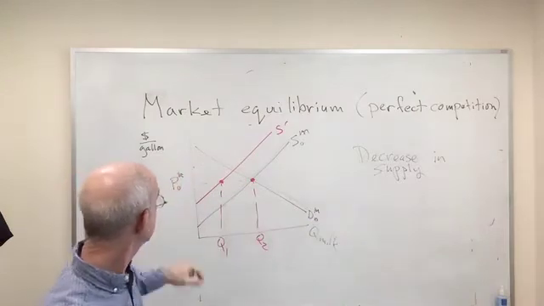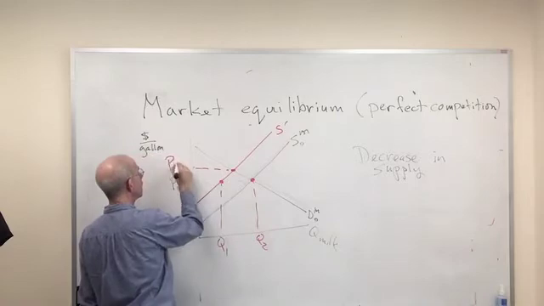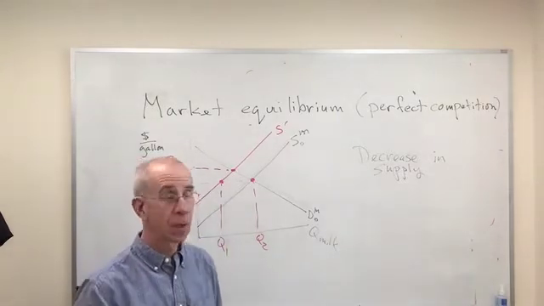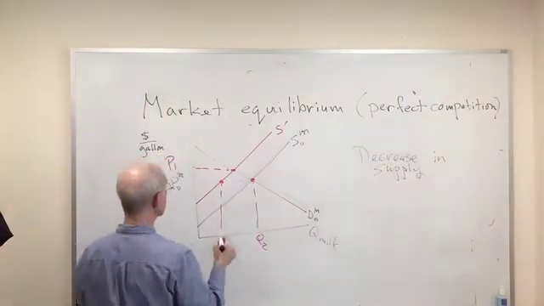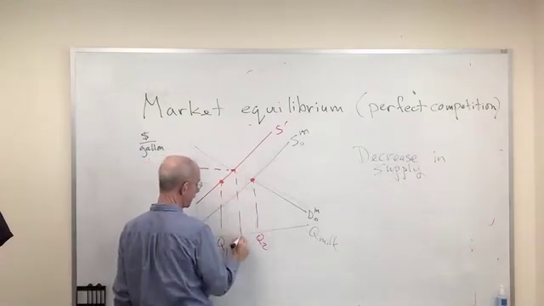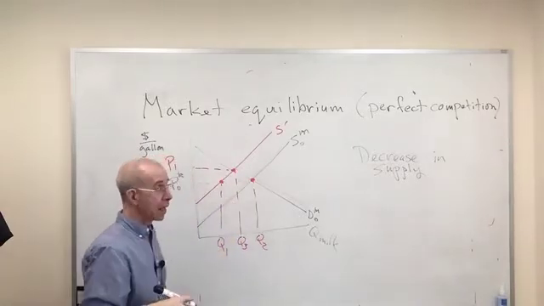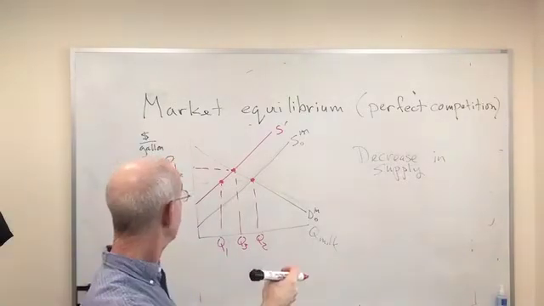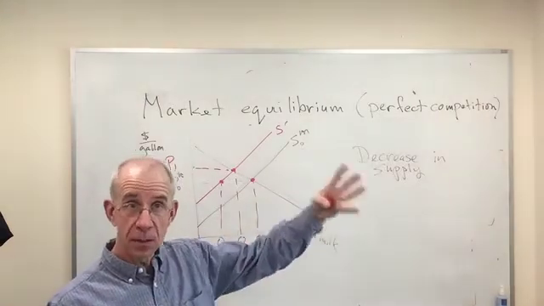So the decrease in supply will tend to increase the price in this market. That increase in the price will increase the supply from Q1 up to something we may call Q3, and will choke off some of the demand. So the market mechanism of dealing with the decrease in the supply is to increase the price.